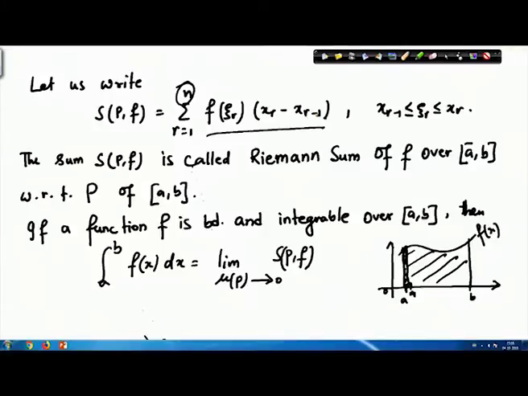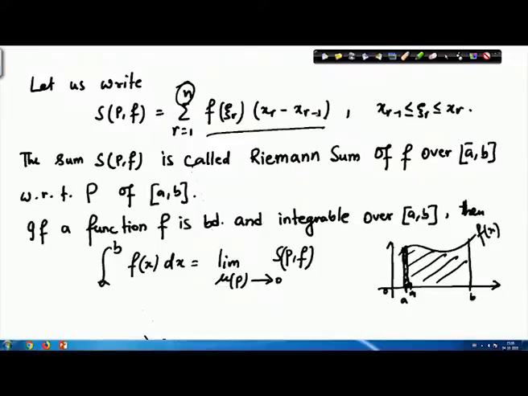So, you are actually dividing the integral from a to b of f(x) dx into the sum of the areas of a really large number of rectangles. And if you sum all those areas of rectangles, then that will give you the integration from a to b.